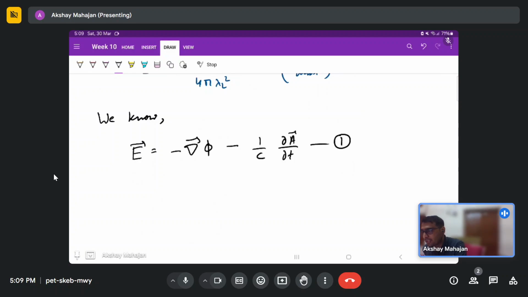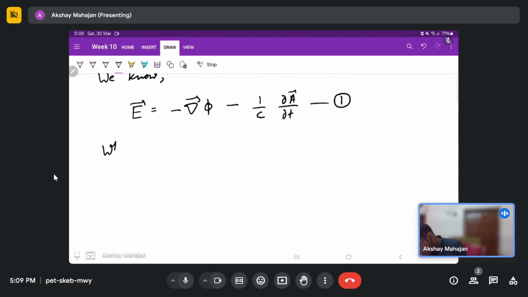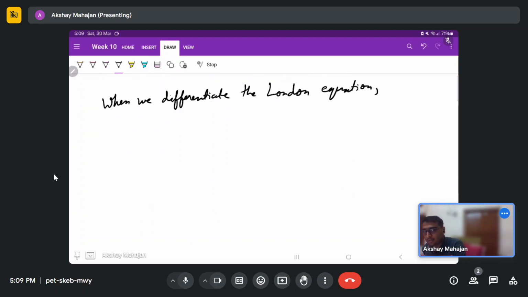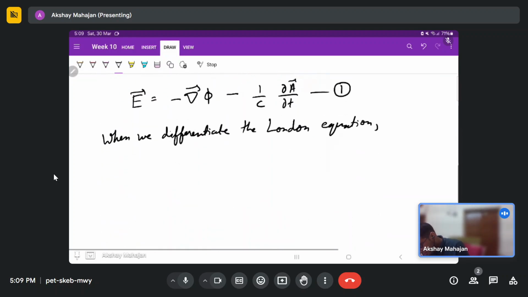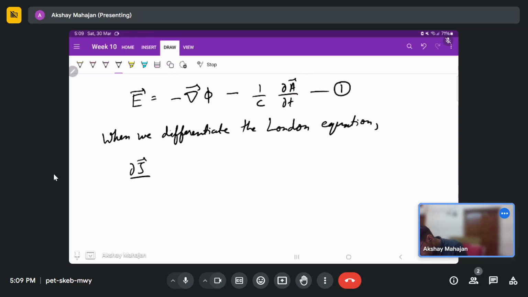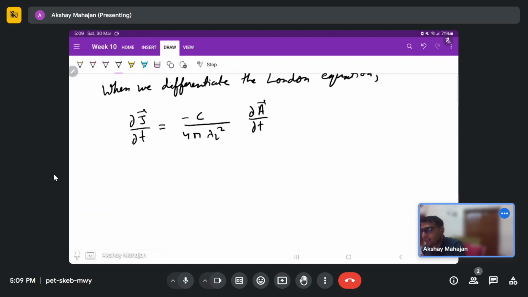Now when we differentiate the London equation, we get del J vector by del t equals minus c divided by 4 pi lambda L square times del A vector by del t.